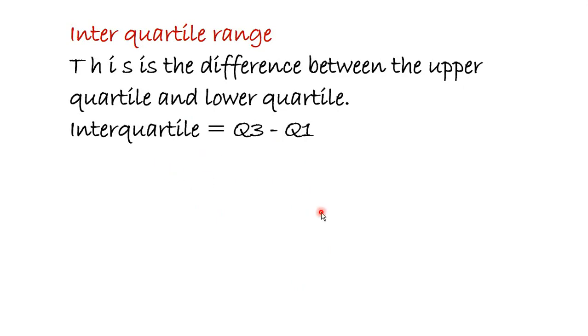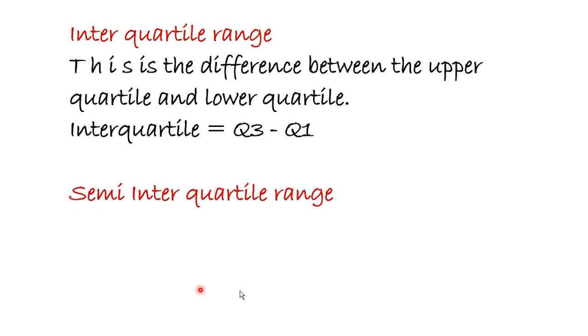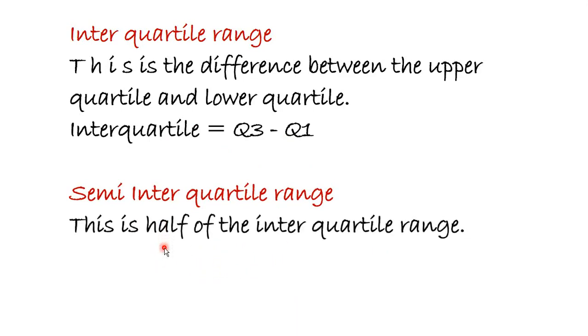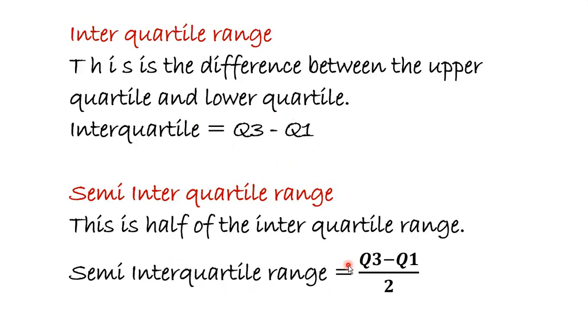Then we also have what we call the semi-interquartile range. This is half the interquartile range. We shall get it by having the interquartile range and then dividing by 2. So that is it.